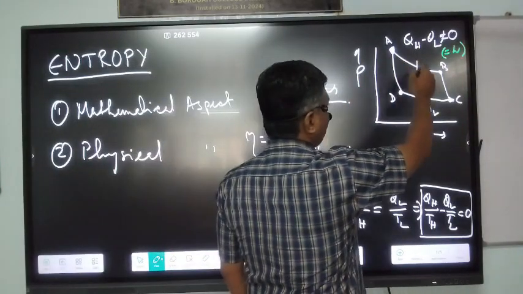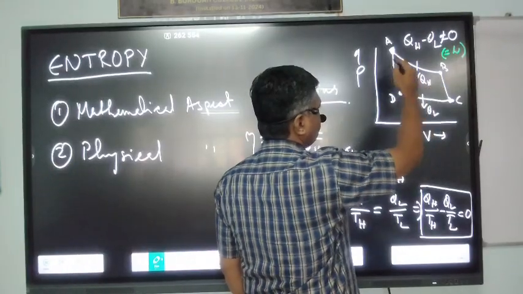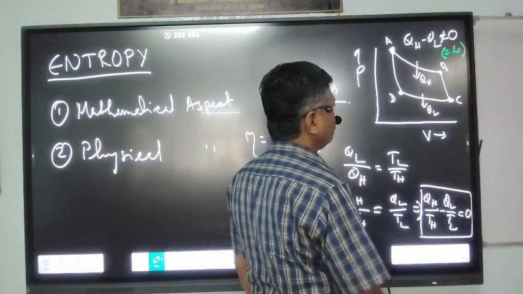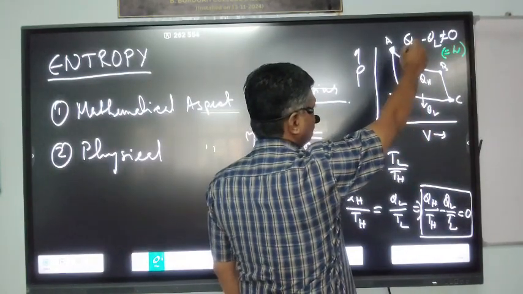Since it goes through different paths, ultimately it is not equal to 0.